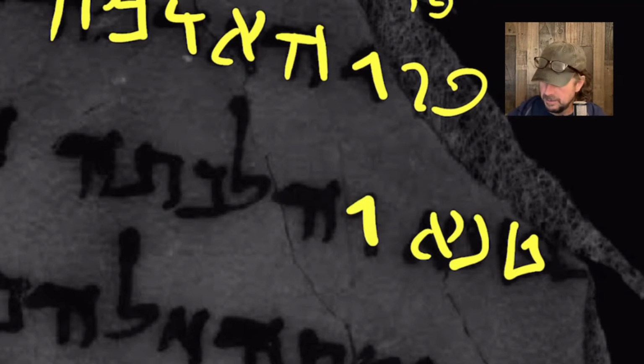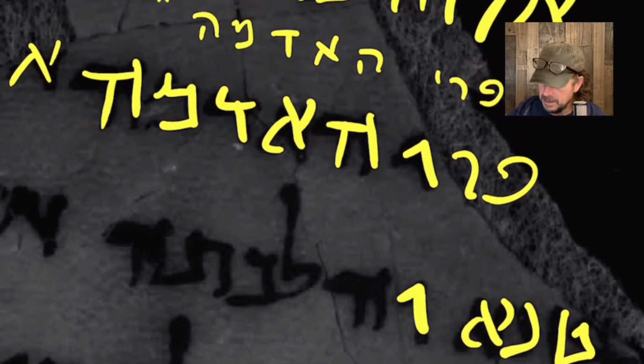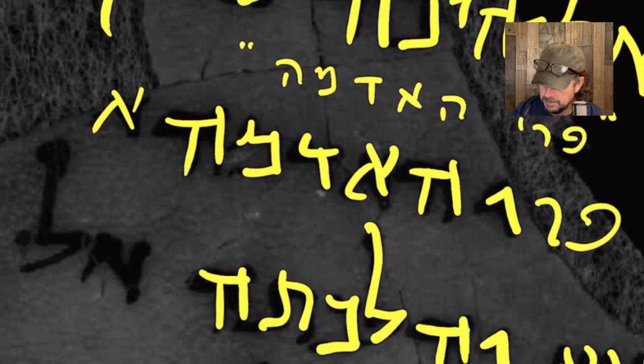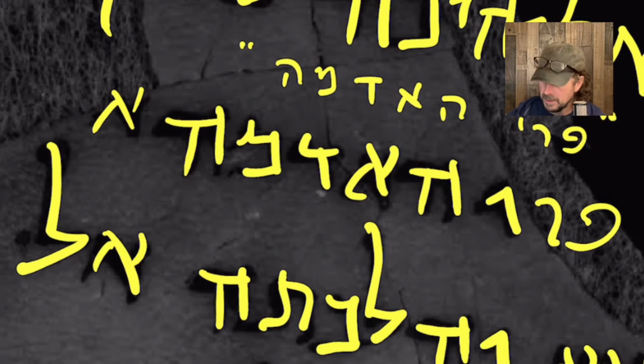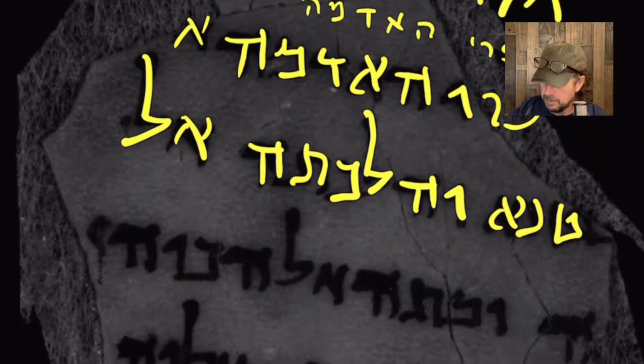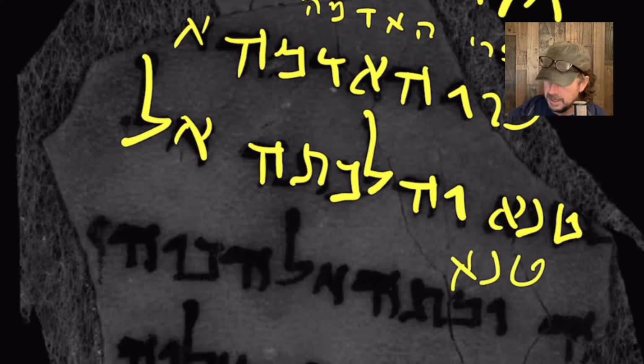And then a vav. Ve. He. Halach. Ta. El. Vehalakta el. So if I were to write that in a Masoretic form, it would be like tet, nun, aleph, tene, va, vehalakta.